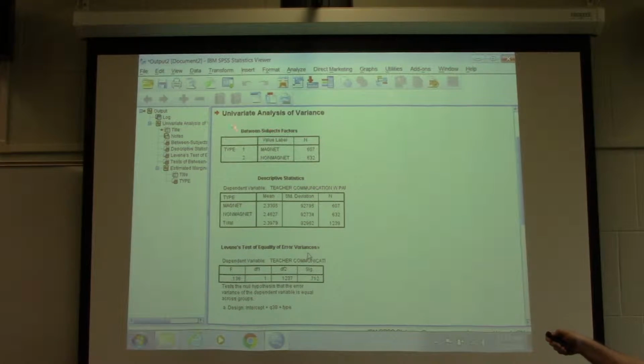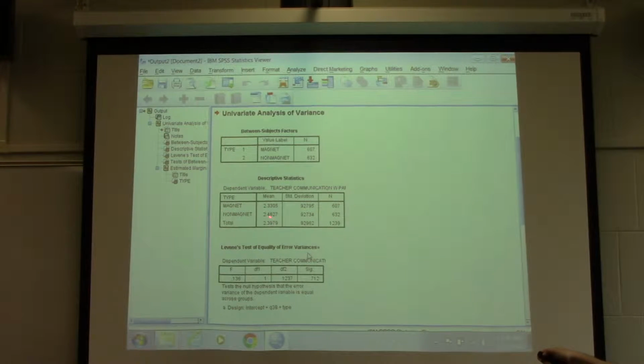So my first table is basically saying what are my two groups that I'm comparing the dependent variable between. I've got magnet parents and non-magnet parents, roughly over 600 of both types. The mean teacher communication with parent level in magnet schools is 2.33.